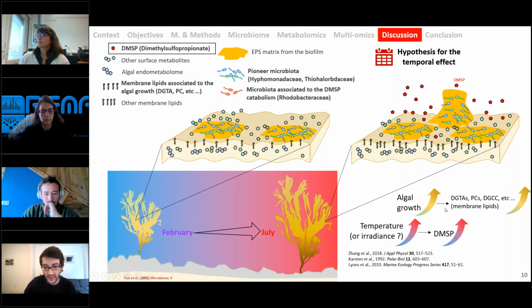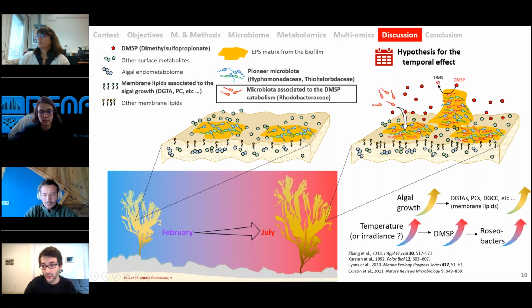We also have the increase of temperature and irradiance, and this is known to induce another expression of DMSP at the surface of the algae. And this DMSP can be used as a source of carbon and sulfur by some new colonizers, the Roseobacter clades, which will colonize the surface of the algae.